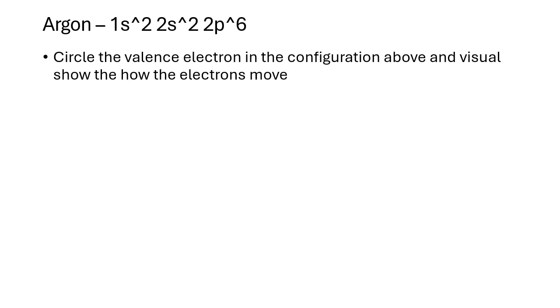So S moves like this, 1s, circle. 2s further away from each other, or further away from the nucleus where the positive charge is, because there's a 2 in front. And then 2p, and since there's 6, we're going to have 3 figure 8s.